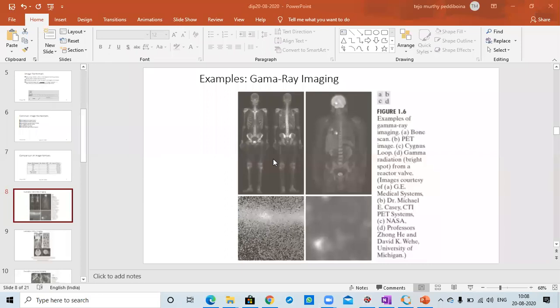Here, the isotopes are injected into the body, and the decay radiations of the isotopes are collected by gamma ray detectors. In gamma ray imaging there is also PET scanning and other types of imaging. This application is used for bone scanning, infection identification, tumor identification, etc.